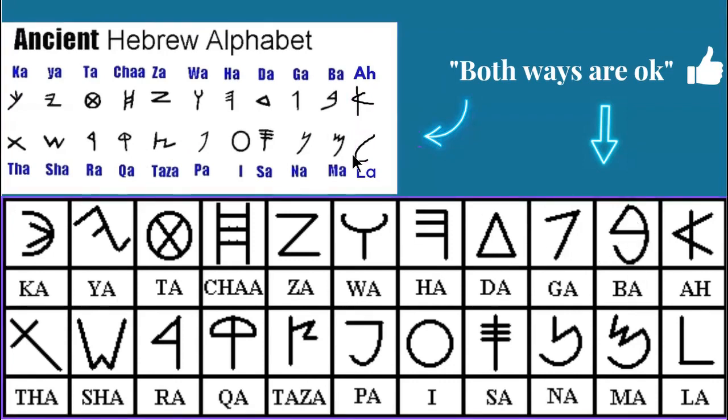The Ba, the hook is kind of different, right? The La, even the Ma and the Na, it looked like they just hooked it a little bit more, right? Like I said, both ways are fine, right?